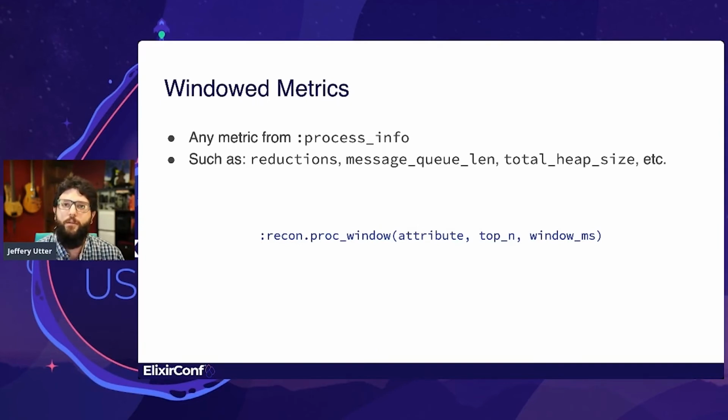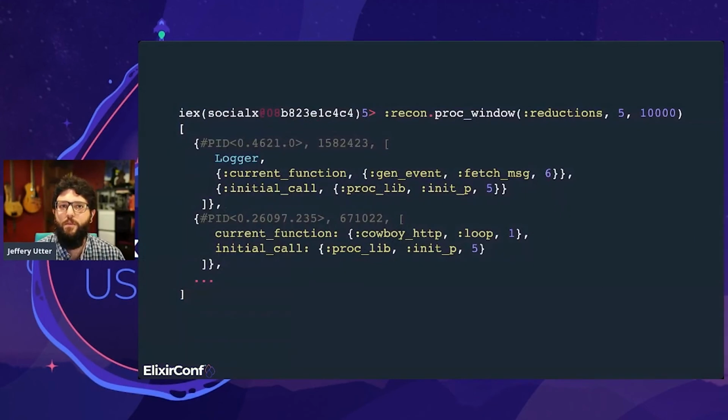So here's an example. This is from the misbehaving system. I call recon proc window. I want to know the reductions, which are how many operations this process executed. I want the top 5 over 10 seconds.